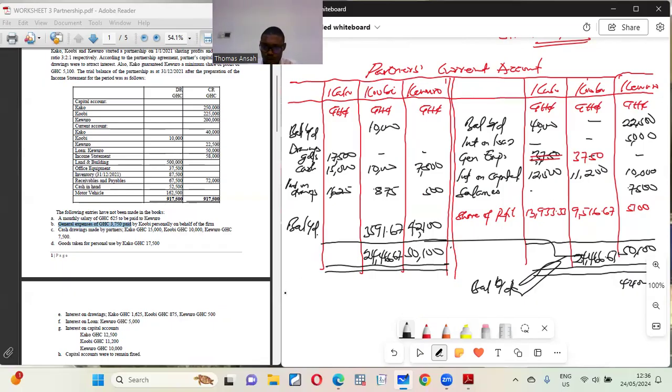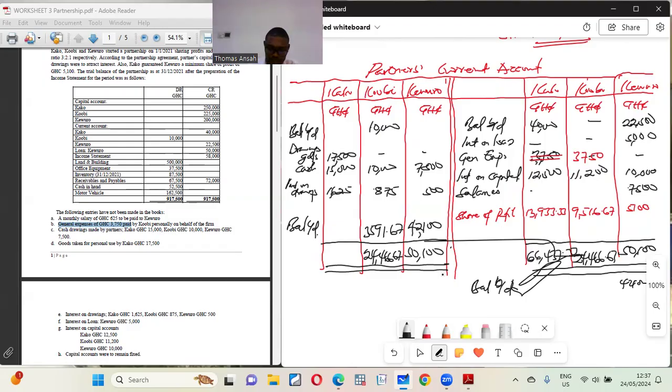Then the last one, we have 40,000 plus 12,500. When we shared here 13,933.33, and that gives me 66,433.33.